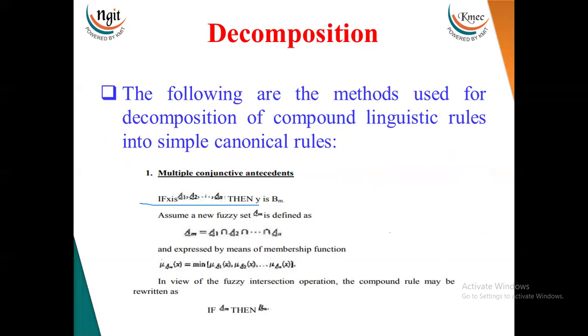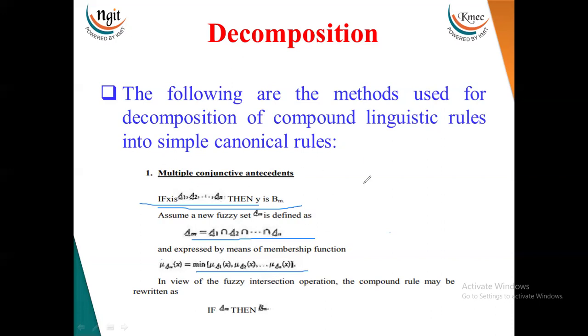This can be done in one way with the help of multiple conjunctive forms. You have multiple values over here, so we are dividing into simple forms, A equal to the intersection of all the values. Intersection means you get the minimum; we have learned that whenever you have an intersection, you calculate the minimum of all those values.